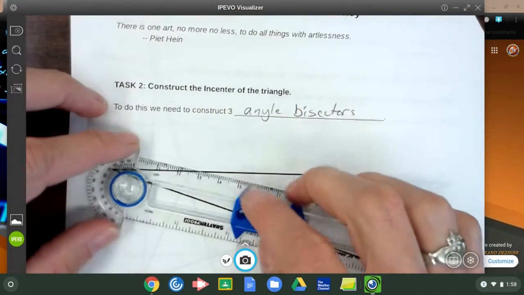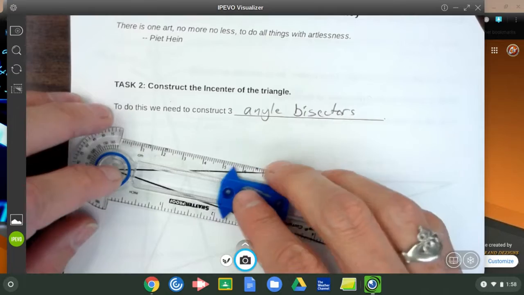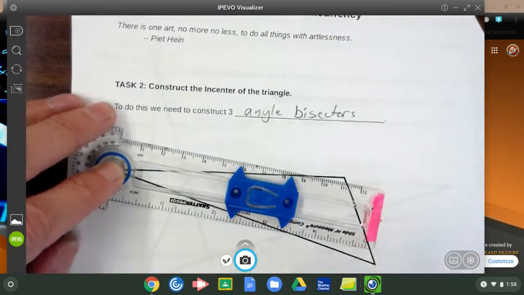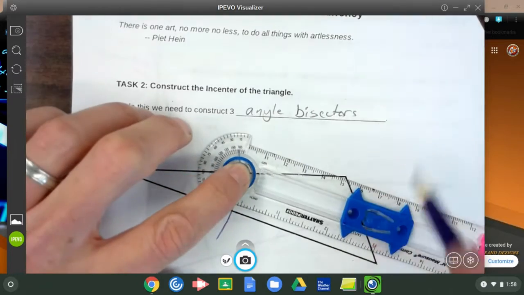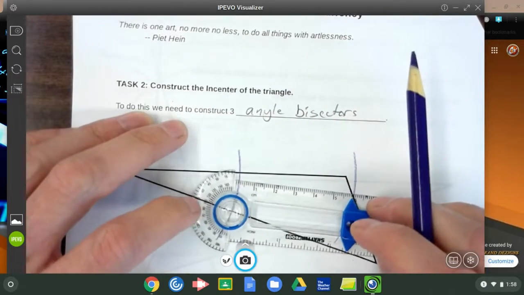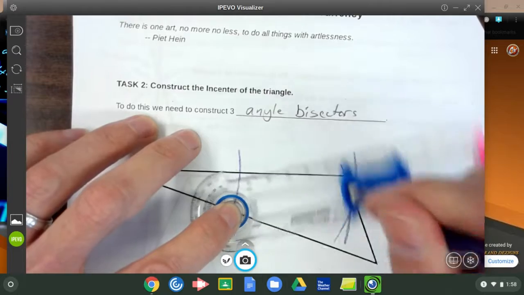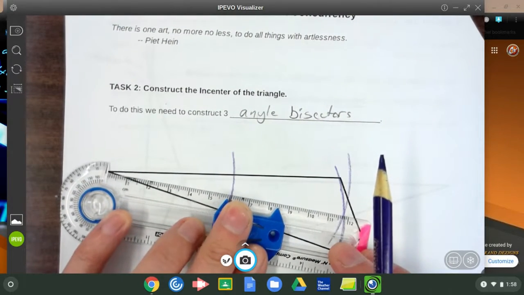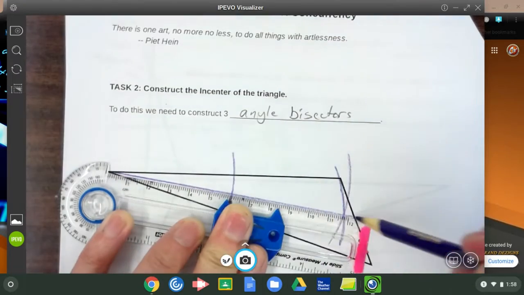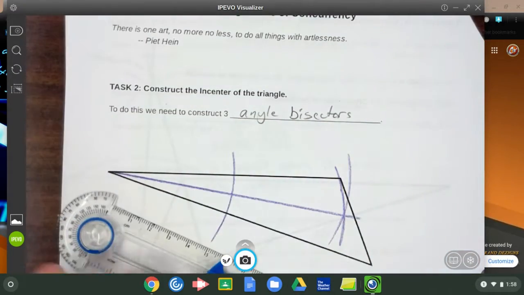The third one will just sort of double check. So I'm going to do 1 bisector. And I'll make that over here. And now I'm connecting that to there. So there's 1 angle bisector.